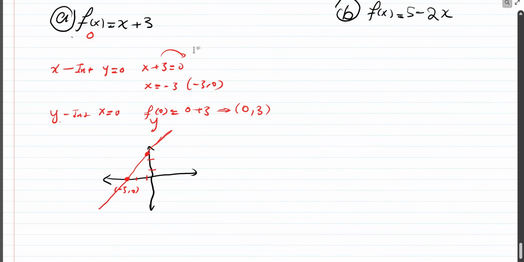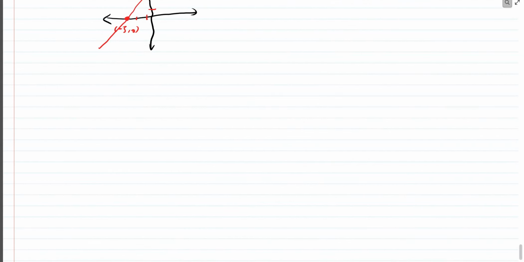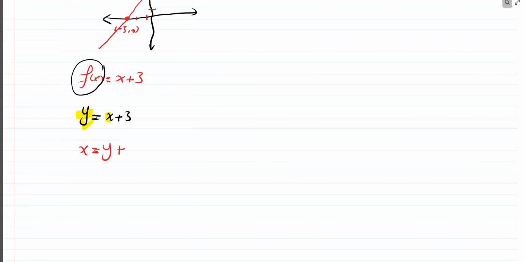Okay, how to find out the inverse? So remember, students, as I told you, we rewrite the function f of x equals x plus 3. We need to change this f to y. Y equals x plus 3. Okay, swap the place of x and y. Swap the places, change the roles. So you will get x equals y plus 3, right?